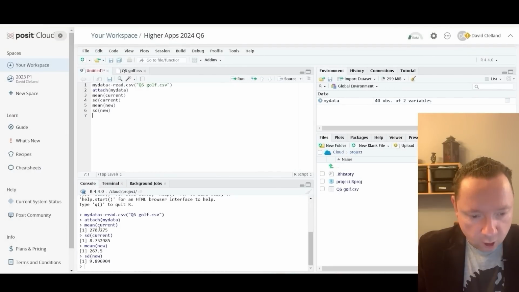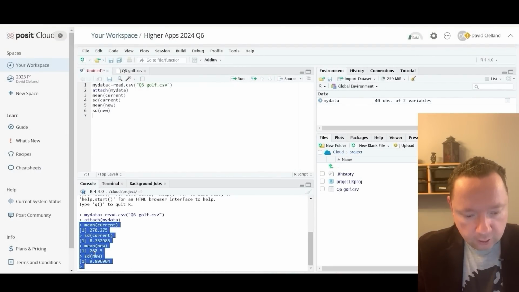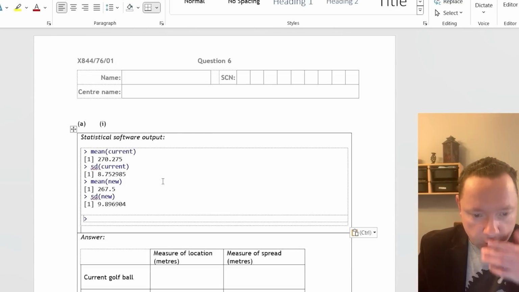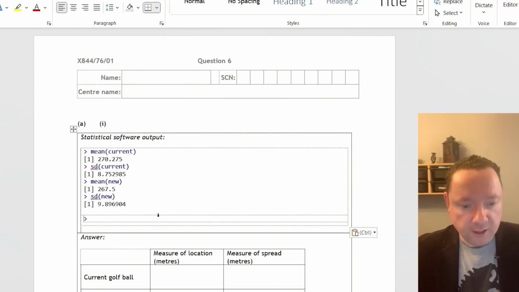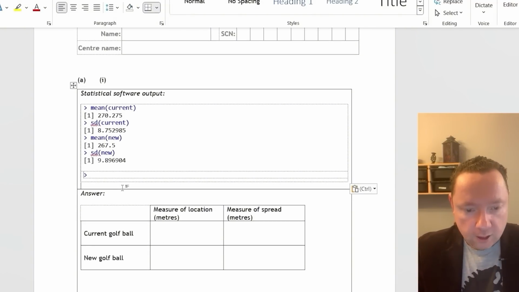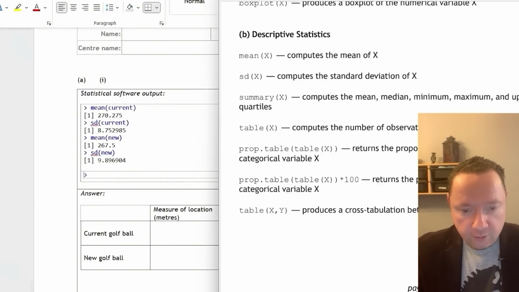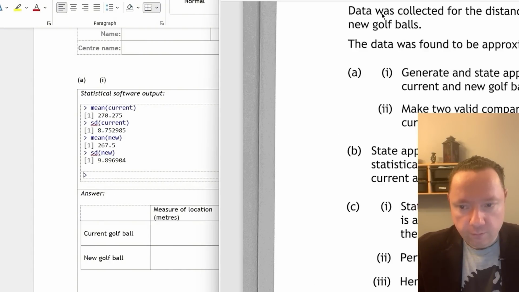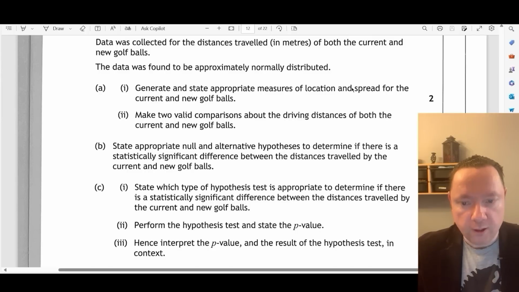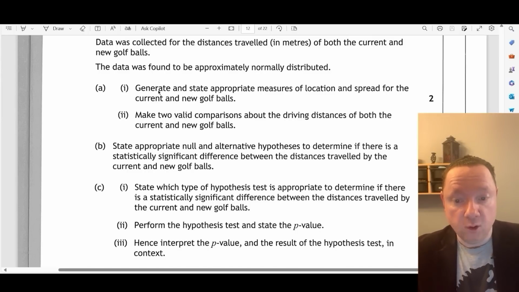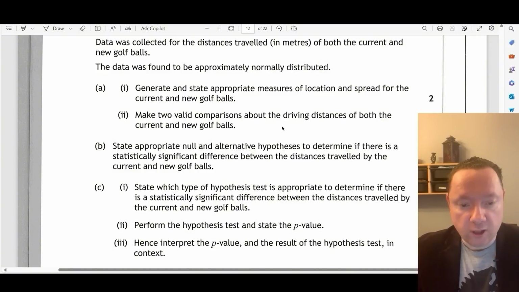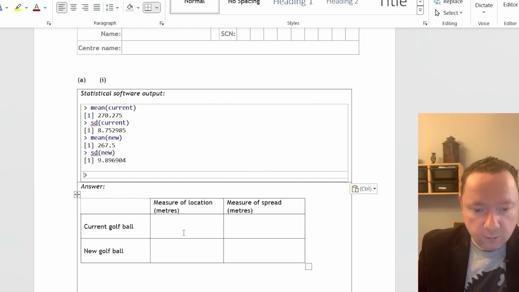Let's just copy that over to our Word document, statistical software output, mean, standard deviation. And is that everything we have to do? Generate appropriate measures of location and spread. Yeah. Make two valid comparisons about the driving distances of both current and new golf balls. So let's just put this in.